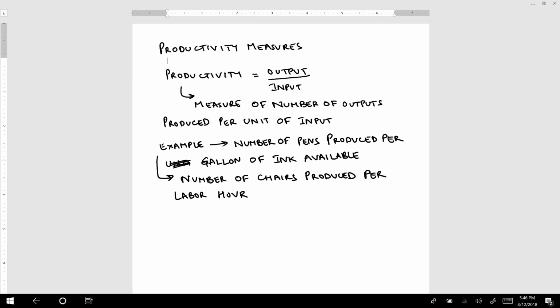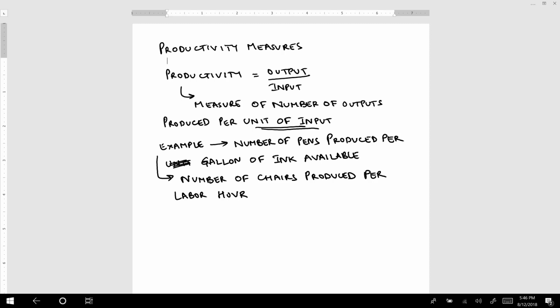That is, if you have 1 labor hour, how many chairs can you produce? So if you see productivity, usually it is a measure per unit of input. So that is what productivity is.